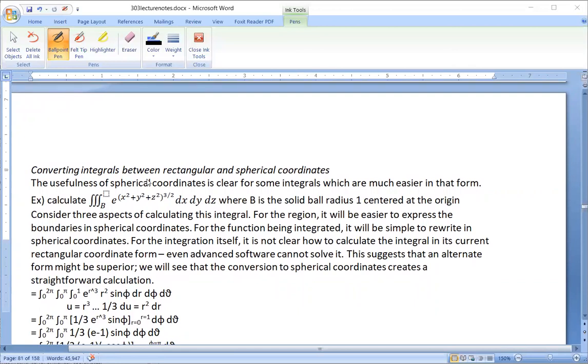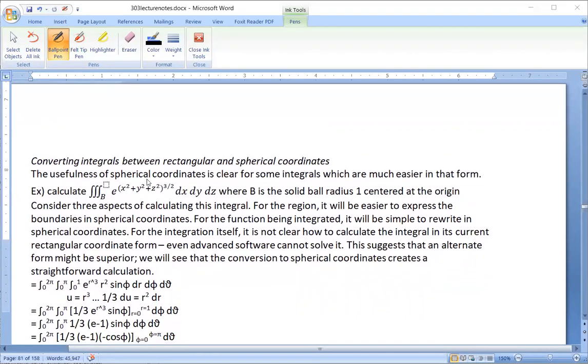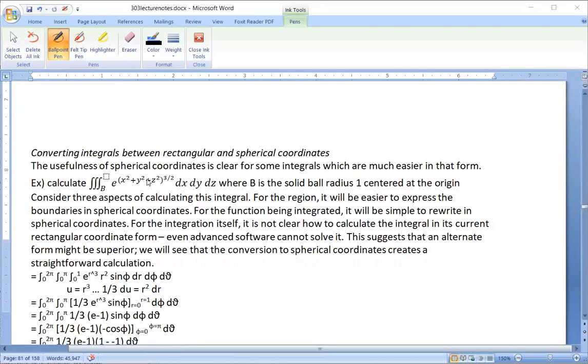Next, we do the d phi integral. Integrating gives you negative cos phi times everything else, which is a constant. Now we evaluate as phi goes from 0 to pi. Plugging in pi, you'll get 1. Plugging in 0, you'll get negative 1.